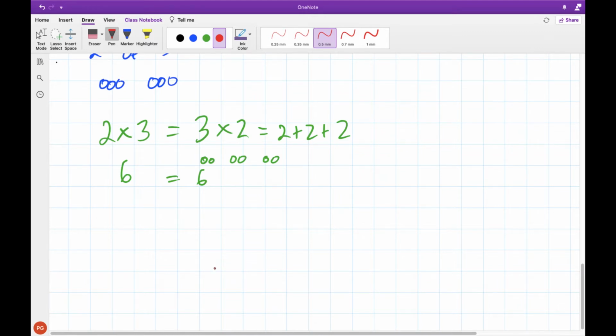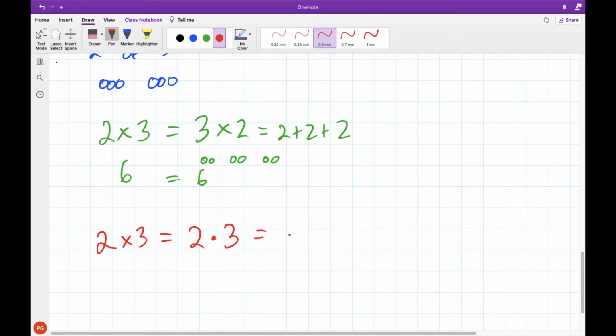The other thing I'd like to talk about is all the different ways that we can write multiplication. Now, part of the problem with this x as a symbol for multiplication is that sometimes we use x in different places, in particular with algebra. So a lot of times you'll see multiplication written with a dot instead. So instead of writing 2 times 3, we would write 2 dot 3. And this just means the same thing.